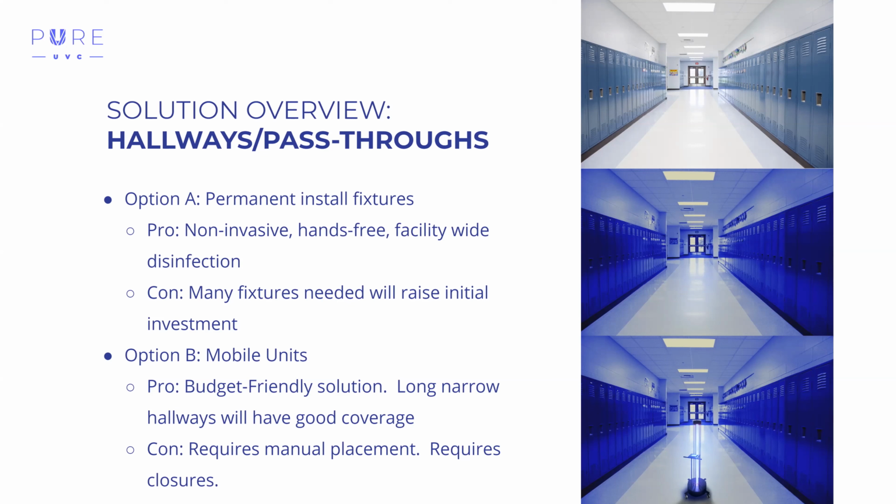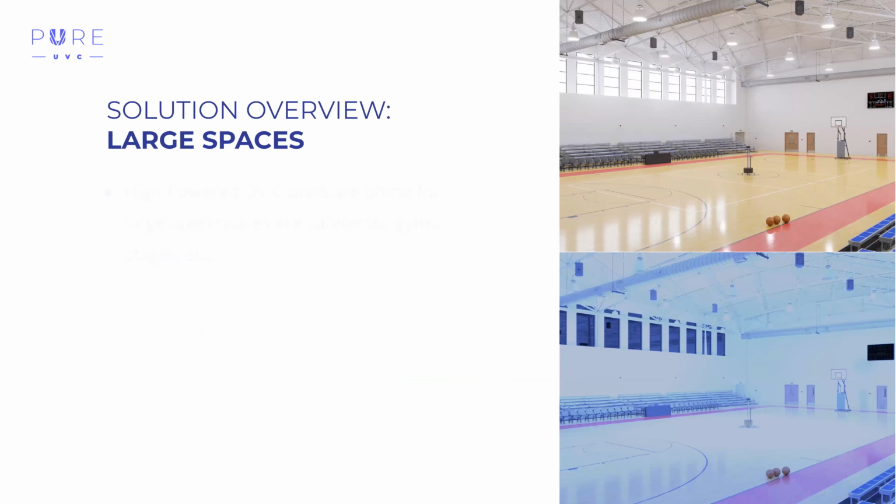So if your budget allows, or you do see the, let's say, savings that the solution will offer, then that's the preferred solution. Otherwise, mobile units are good for long open corridors. The only con here is that it requires manual placement and it will require closures of the area and or partitions. Regardless, we can work with you to make sure that you have the proper solution.